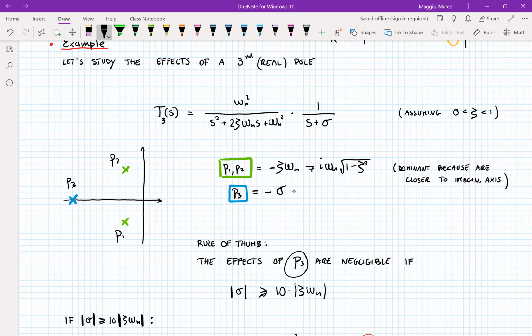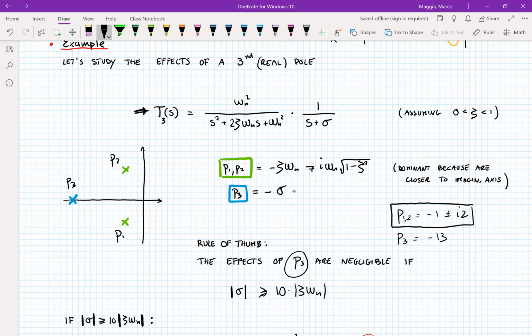All right, so if, for instance, P1 and P2 were minus 1 plus or minus i2, and P3 was equal to minus 13, well, then even without computing the actual output, you know that the response of this third order system is pretty much equivalent to the response of a second order system having P1 and P2 as its poles.